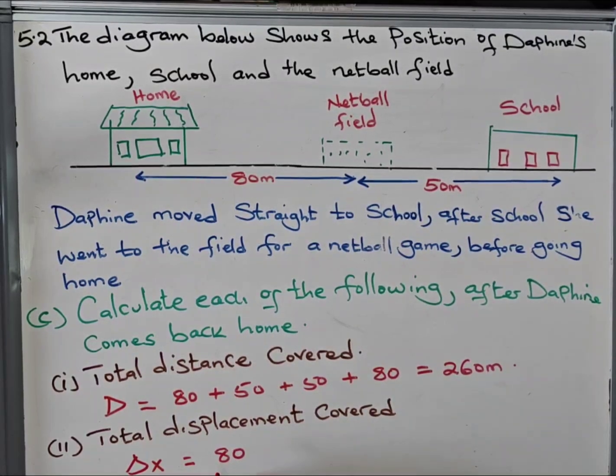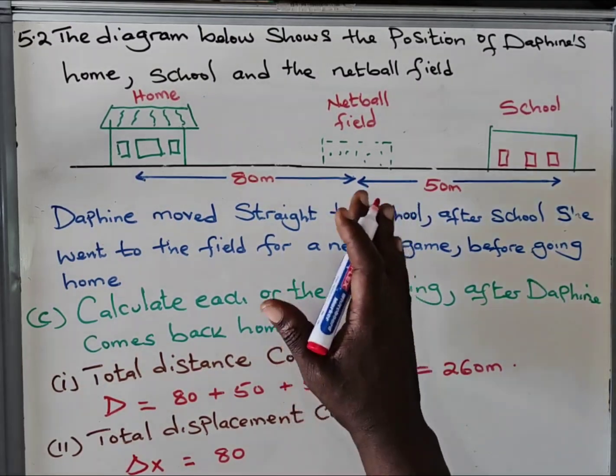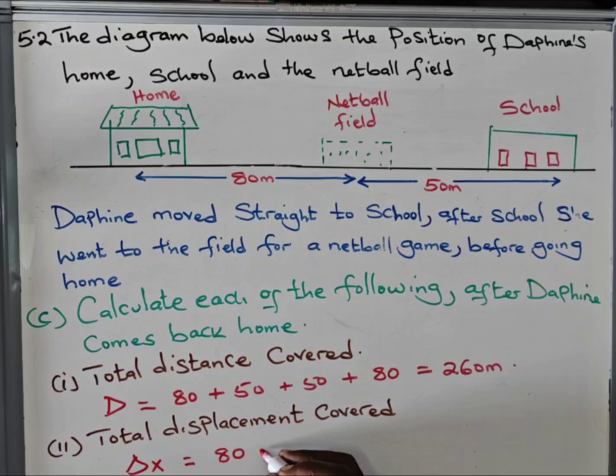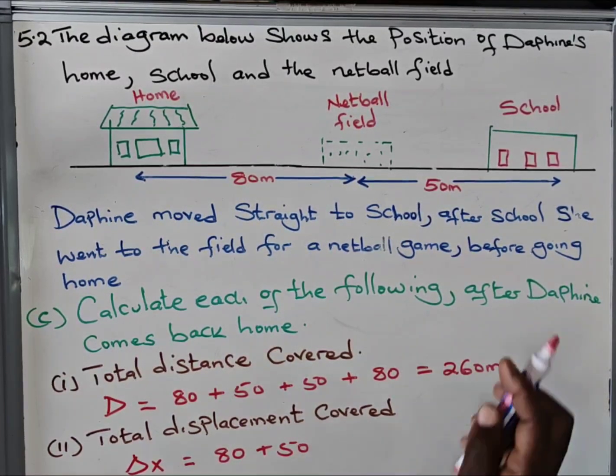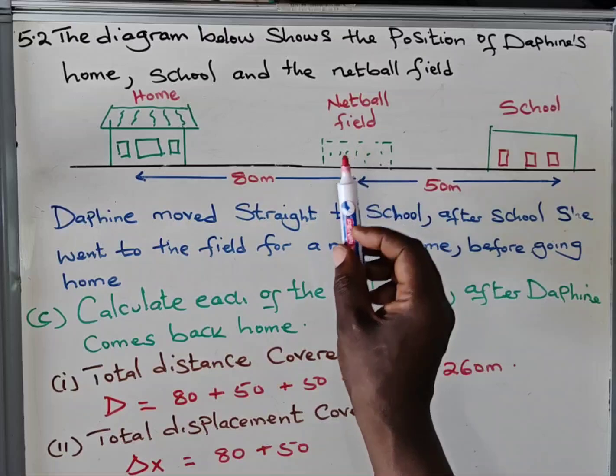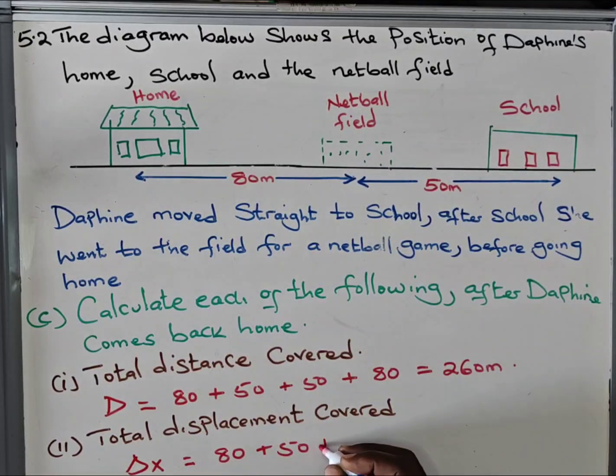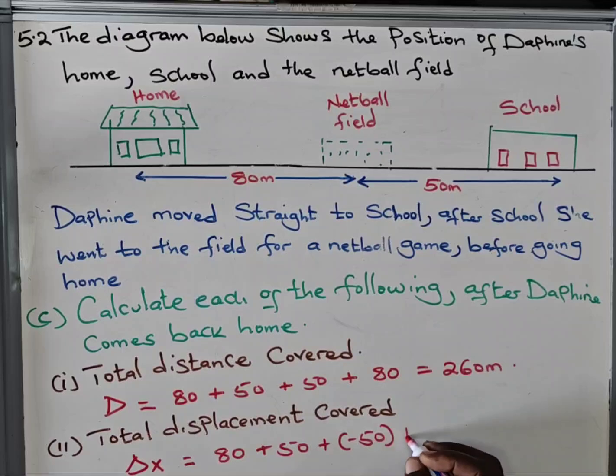It is positive 80 because it's to the right. We took the right to be positive. Then for passing the field up to the school, that's another 50. Then from the school, passing the netball, that is negative 50.